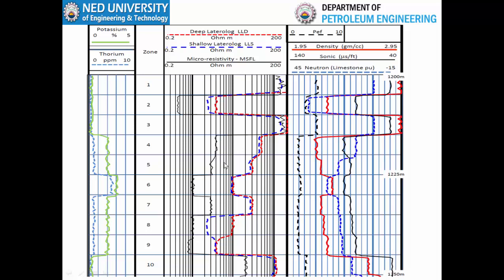It indicates something that we will see in the coming slides. Obviously, you have to make use of other logs, for example the spectral gamma log response, the PEF log, the density neutron response and the cross plot, and the sonic log value. So you have to read the resistivity log value along with these other log responses to come to some useful meaning.